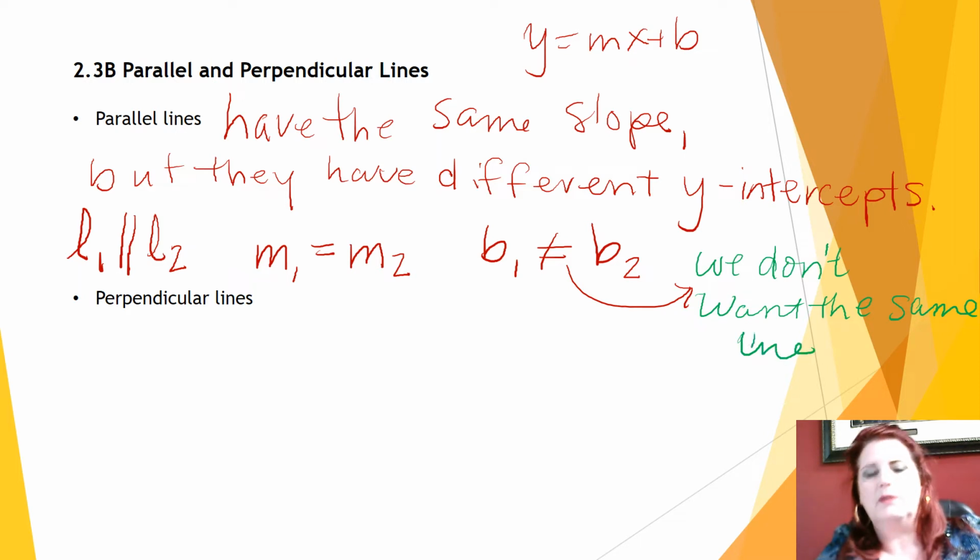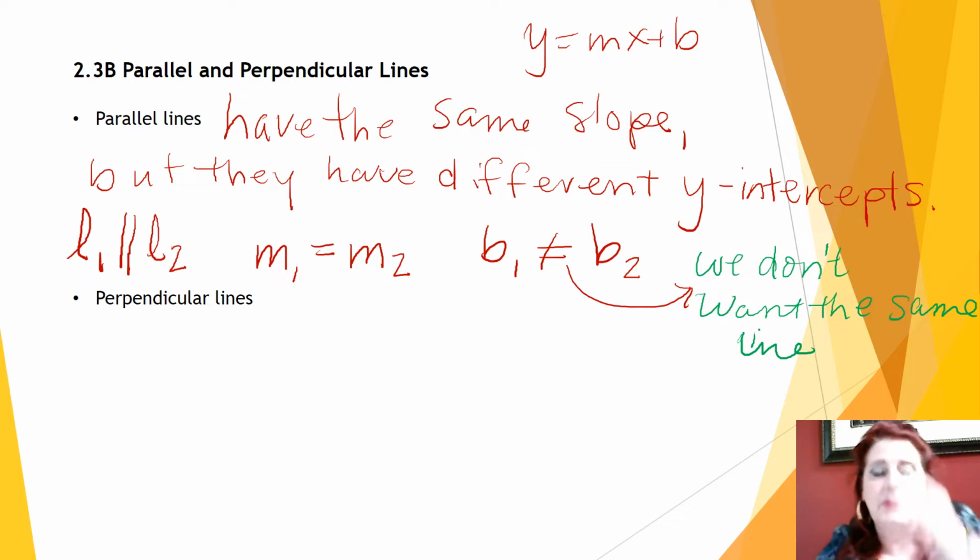And we have learned that parallel lines can share no points, so that's why we would not want them to have the same y-intercept, because then they would share all the same points, and that would not be the definition of parallel lines.